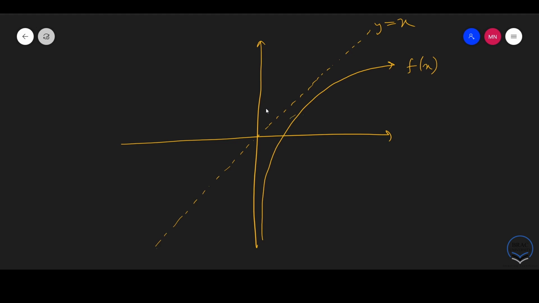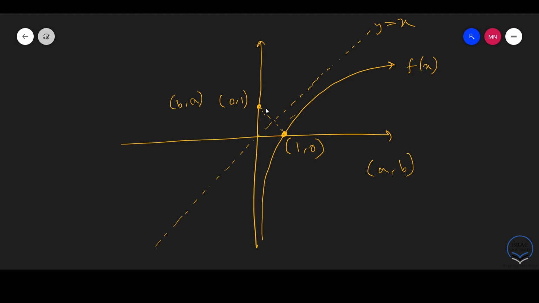So let's say we have this point corresponding to 1, 0. We just reflect this along y is equal to x, and it corresponds to the point 0, 1. Remember, if a comma b exists on f of x, then b comma a exists on the graph of f inverse of x.